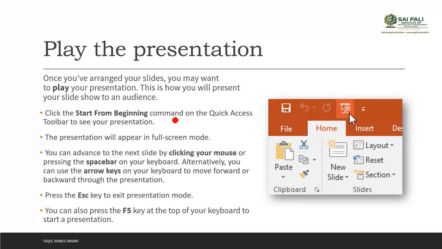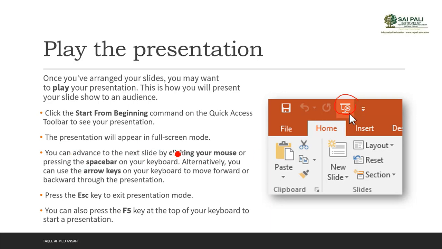Now play the presentation. Once you have arranged every slide, you may want to play your presentation. This is how you will present your slideshow to the audience. For presenting it, you can click the Start from the Beginning command from the quick access bar. You can choose this command to start the presentation from the beginning.